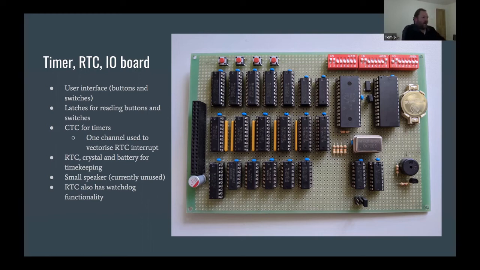No, that's fair. So on this board, the SIP resistors are basically acting as pull downs for the inputs into the latches. When the switch is in the on position, I can't remember if they pull down or pull up, but it's either grounding the pin or supplying 5 volts, and the switches act like an open collector type setup.